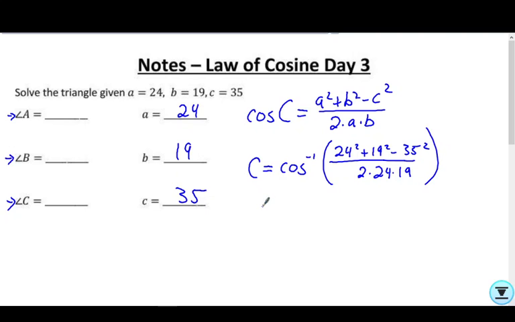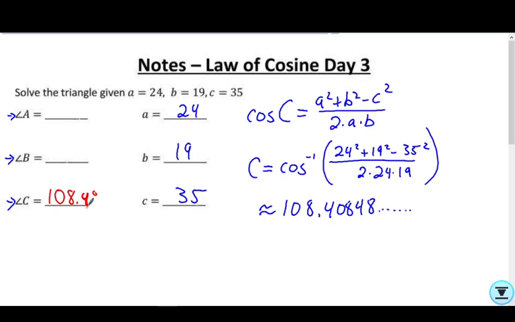You plug it into your handy dandy calculator, and it tells you it's approximately 108.40848, and so on. So that means angle C is 108.4 degrees.